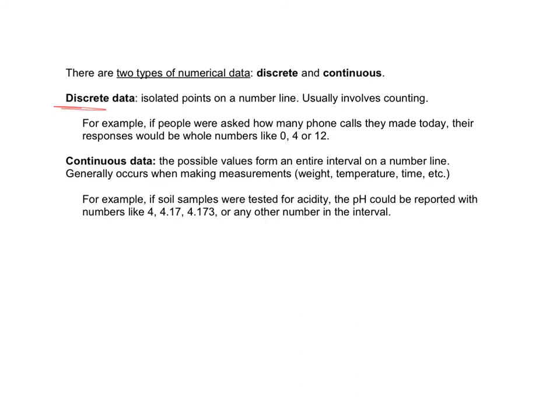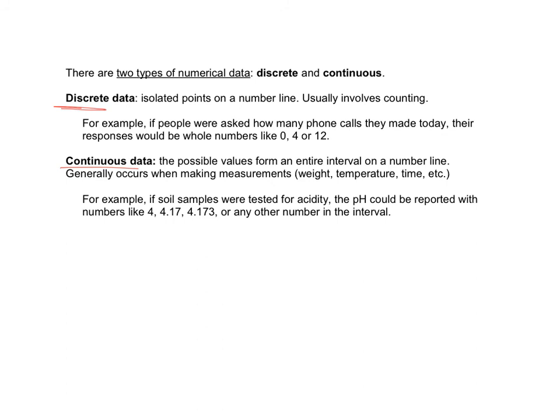Continuous data is when the possible values form an entire interval on a number line, and it generally occurs when we take measurements. So, for instance, if we ask people their height or their weight or the time it took to do something, we can get decimal answers.